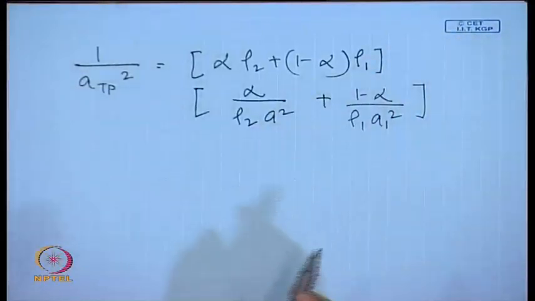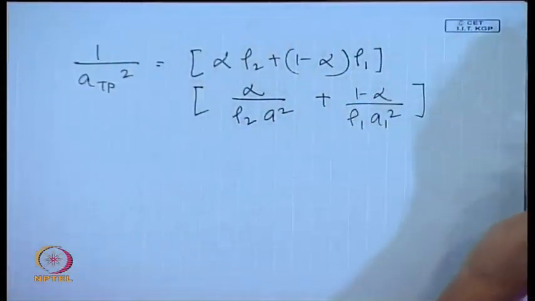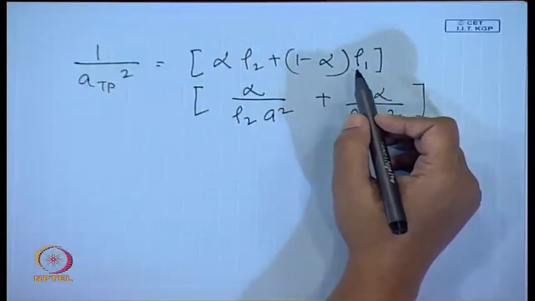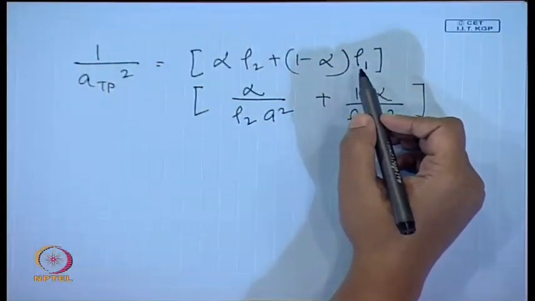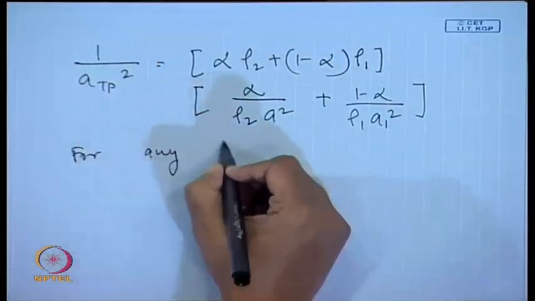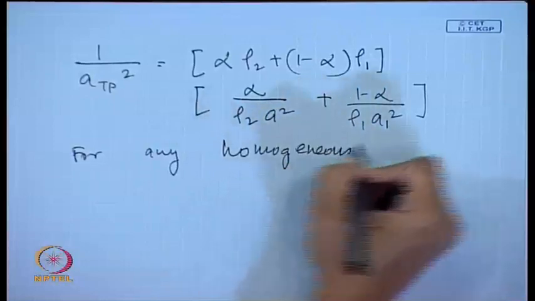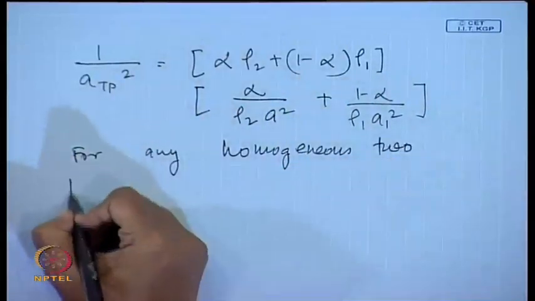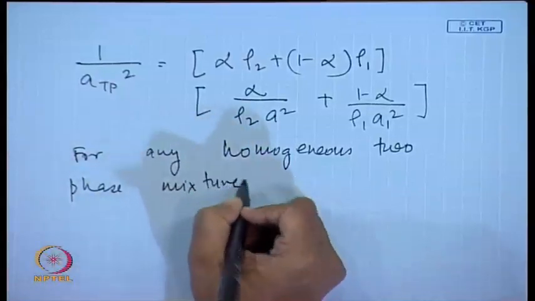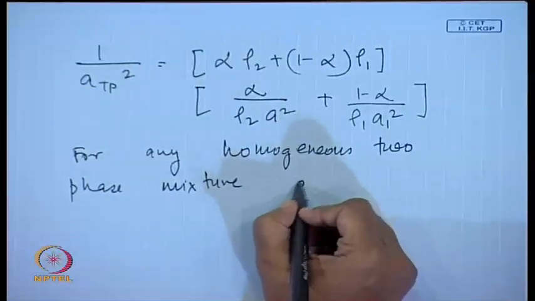So, what do I see from this expression? We see rho 1, rho 2 they are constant. So, A T p is definitely a function of alpha only, is not it? For any homogeneous two phase mixture, this is just for homogeneous flow conditions only, for nothing else.